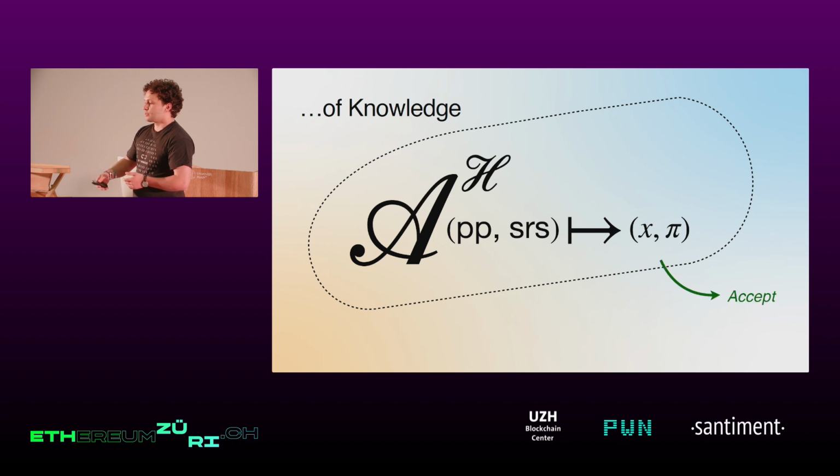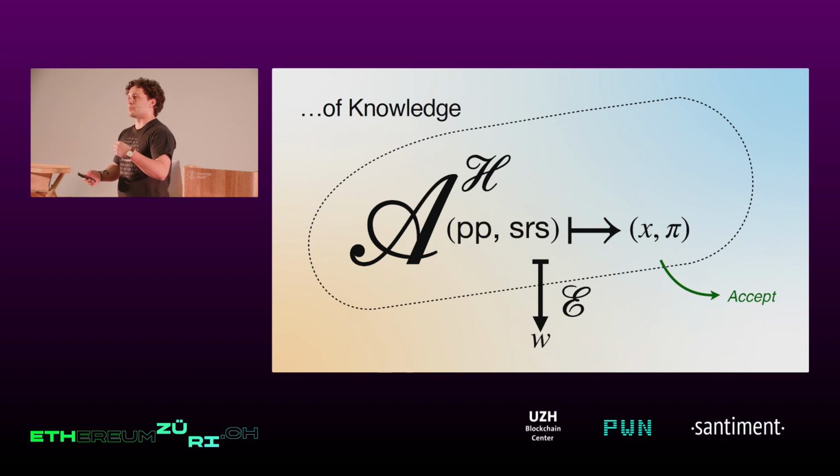OK, so let's just assume that this proof transcript causes the verifier to accept with some non-negligible probability. Then what we ask is that there exists an efficient algorithm which is going to output a witness for that particular instance. In some sense, the adversary had to know the witness, because it could just run this efficient algorithm itself.